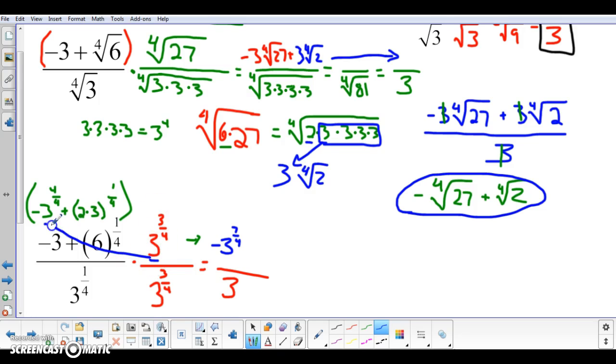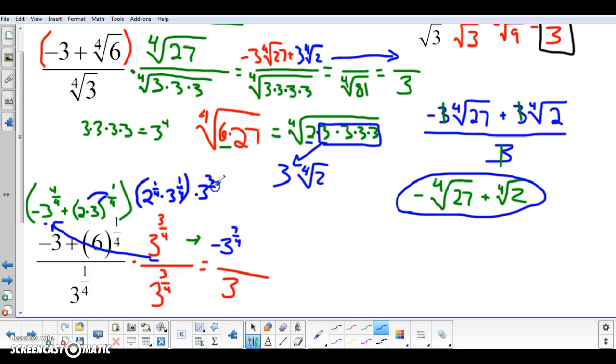That's this times that. Now before I take the 3 and just multiply it times this expression, I'm going to take the 1/4 and apply it to both of these. So I have 2 to the 1/4 power and times 3 to the 1/4 power. And I'm going to multiply that expression times this, 3 to the 3/4.